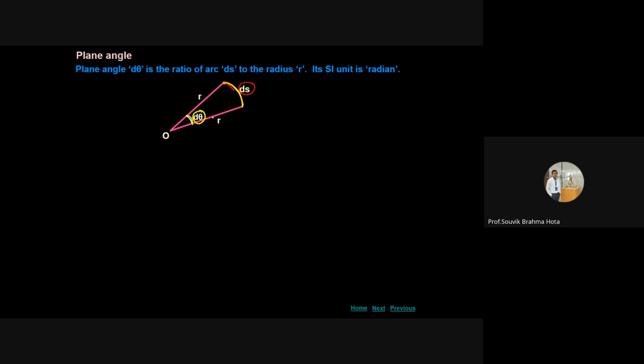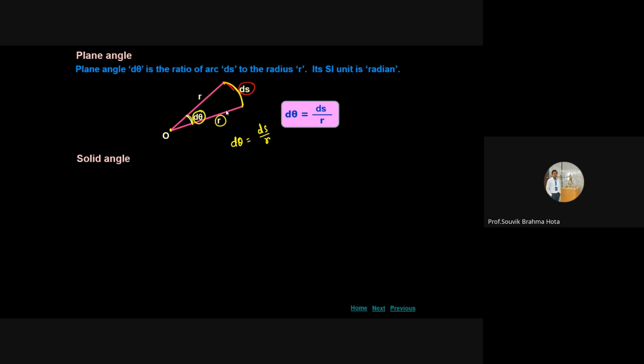This d theta is nothing but the ratio of ds to r, where r is the radius. Suppose this is the center. So d theta is equal to ds by r.